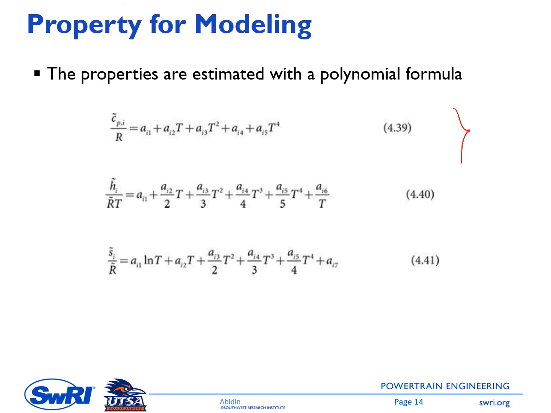This is showing an example of the polynomial formula to get Cp, and then specific enthalpy and entropy as a function of temperature. A1 through A7 here are constants, and these constants are species dependent. For example, if you have CO, then you will have different A1 through A7 from the ones for hydrogen.